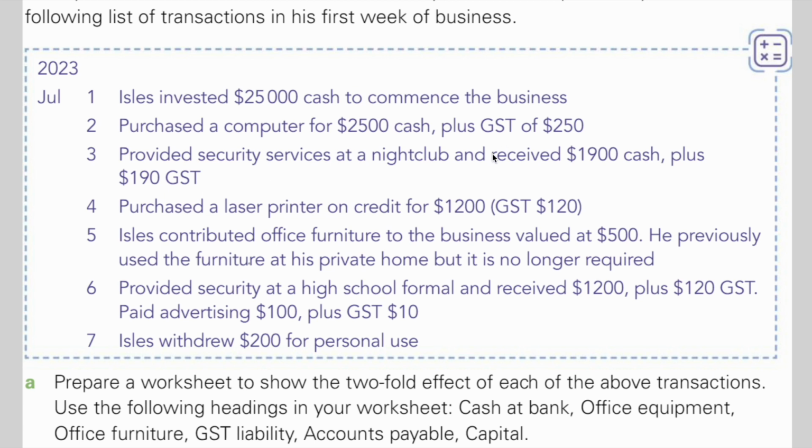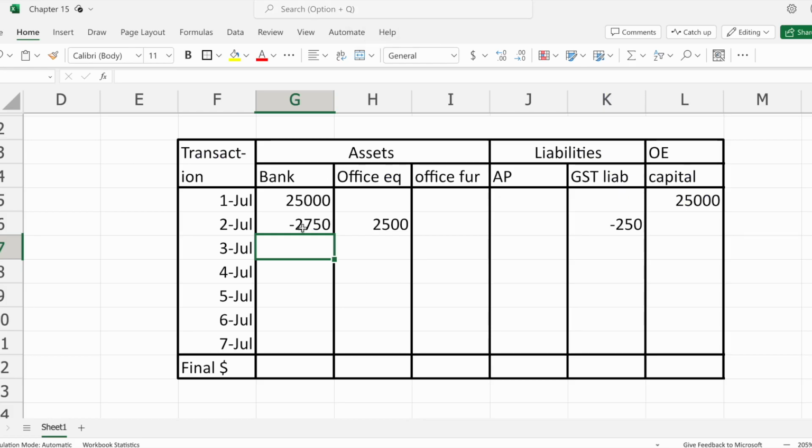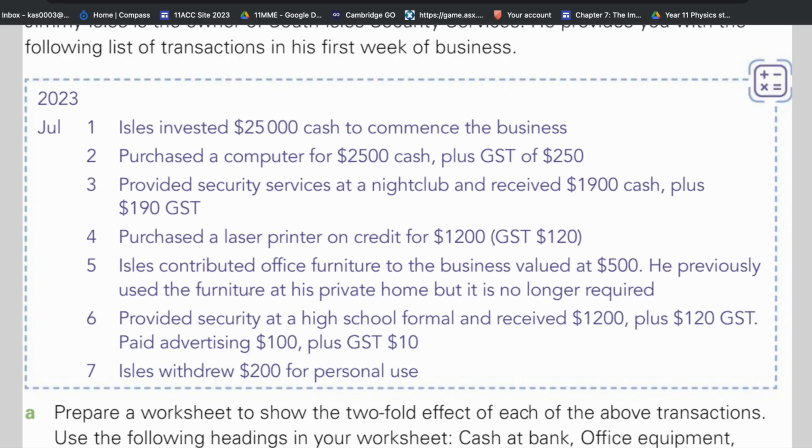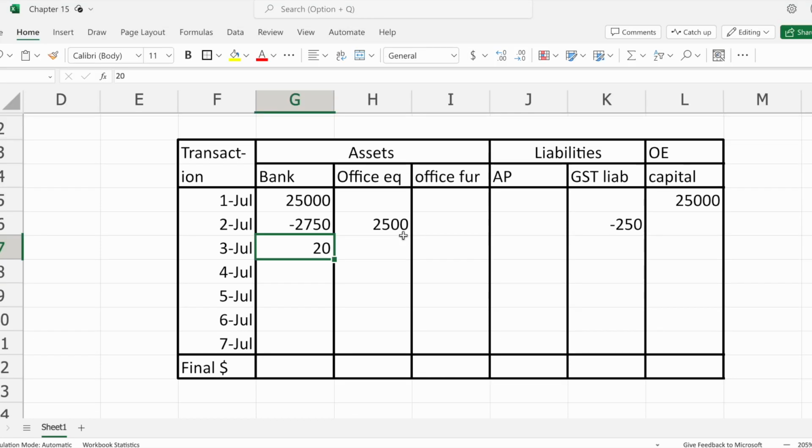So look at the keyword here, cash. Simply when they're saying cash, remember, you add the amount that you get plus the GST, which means it's 1,900 plus 190.